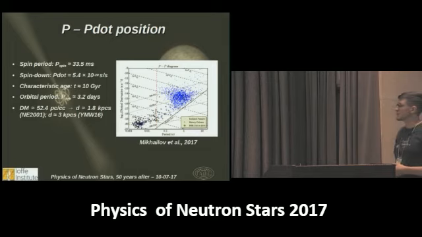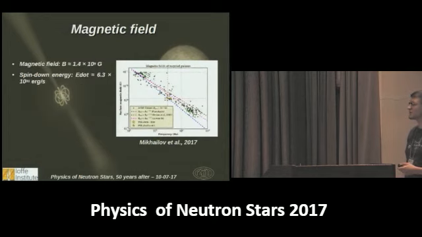This is the position of the pulsar on a P-Pdot diagram. We see that the pulsar stands a bit aside from the main bulk of the MSP population, and that is probably because of the extended pulse period. The magnetic field is also quite typical and consistent with pure dipole radiation for the MSP population.